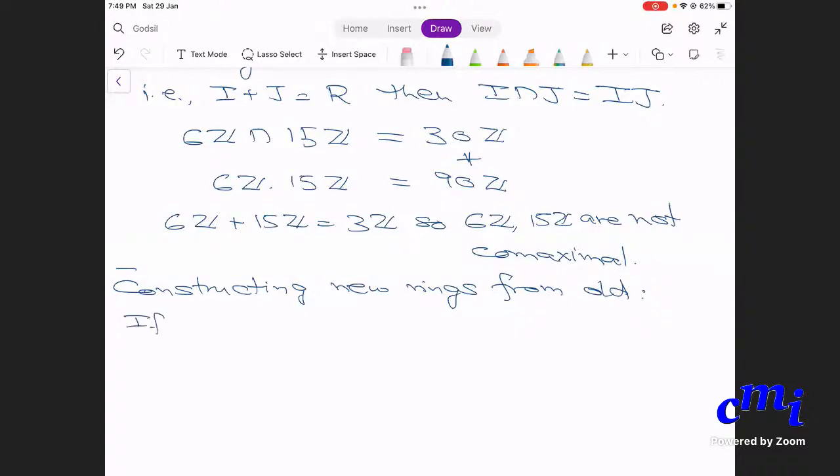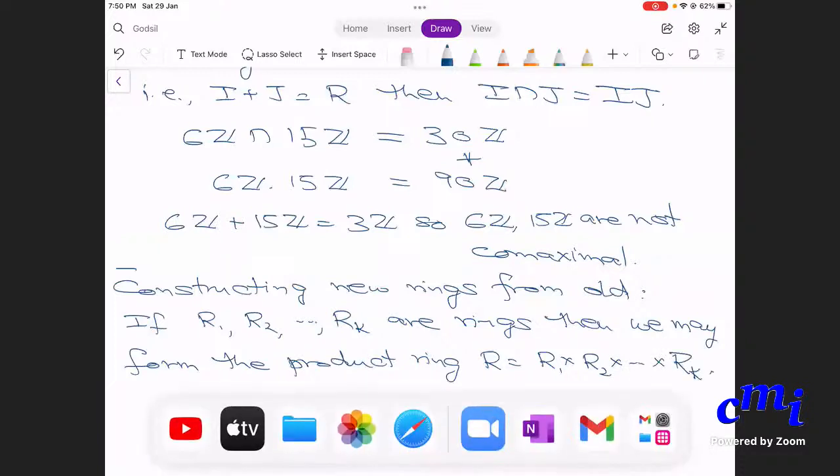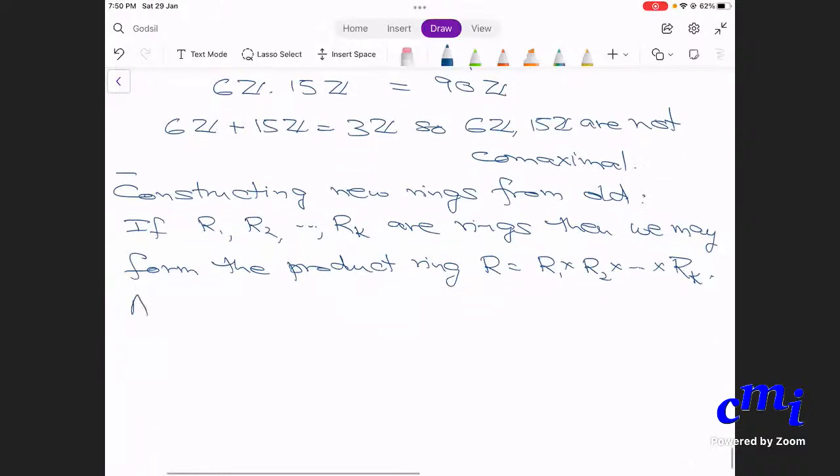So if R1, R2, up to Rk are rings, then we may form the product ring R, which is written as R1 × R2 × ... × Rk. So what is this ring? As I said, it is just the Cartesian product.